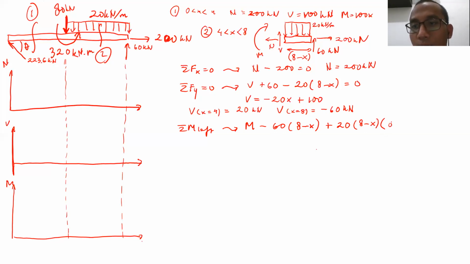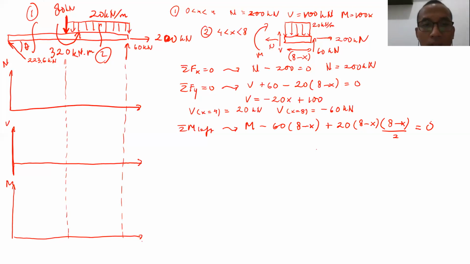The moment arm will be 8 minus x divided by 2. Only these 3 components of moment. Yep, only these 3 components. And this one will be equal to 0.